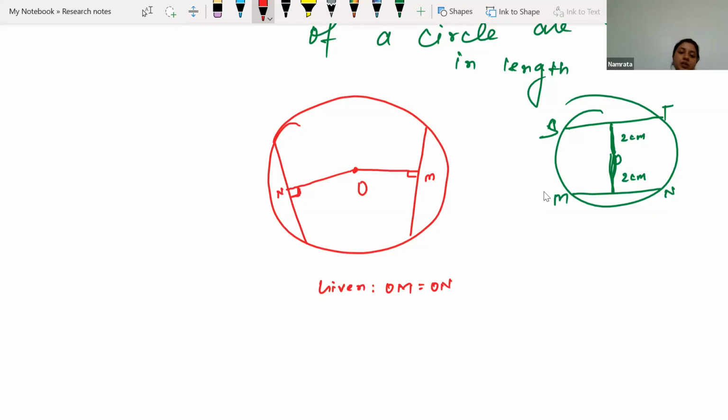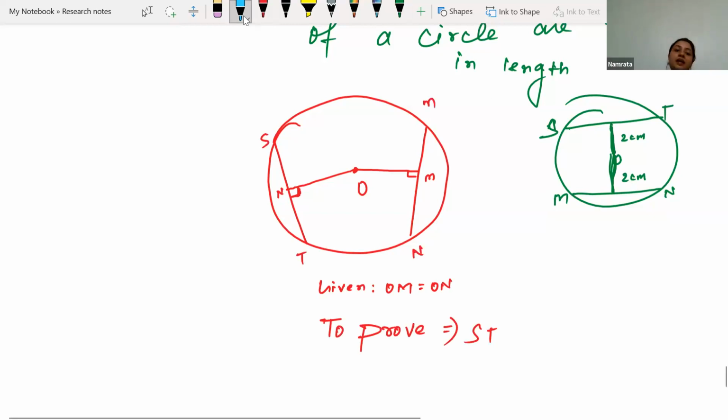Now we have to prove that ST is equal to MN. Here also you will plot a sky triangle and a black triangle. Whatever triangle you want to name, please name it according to your wish.